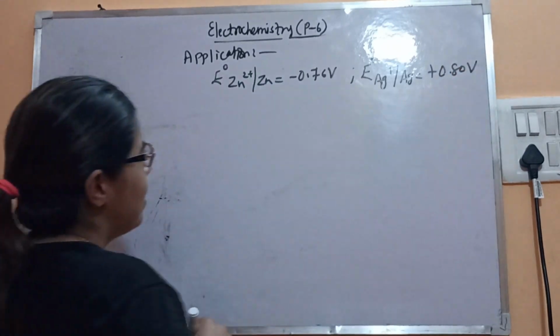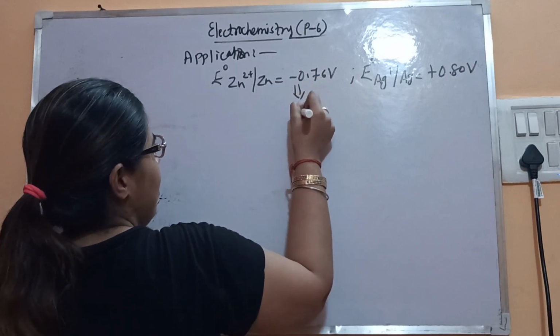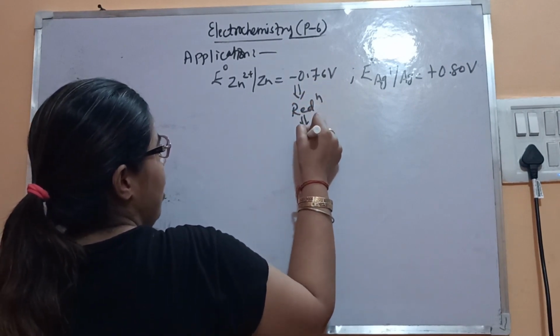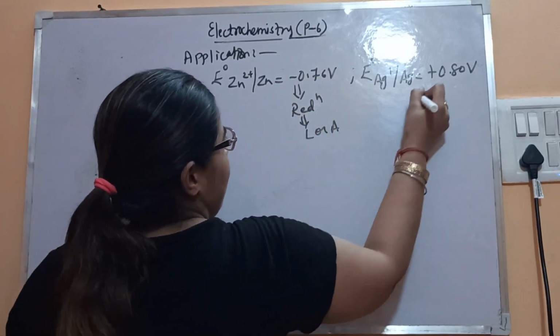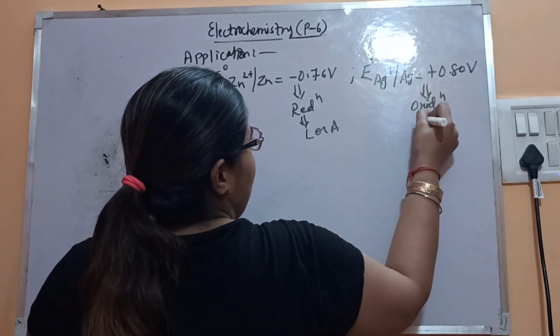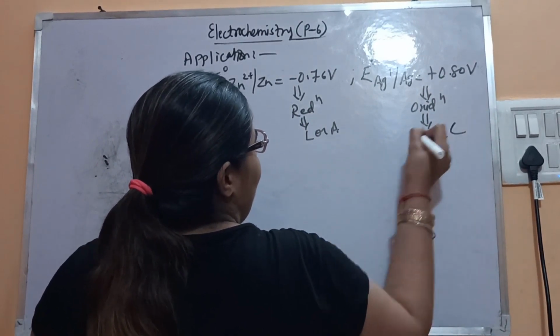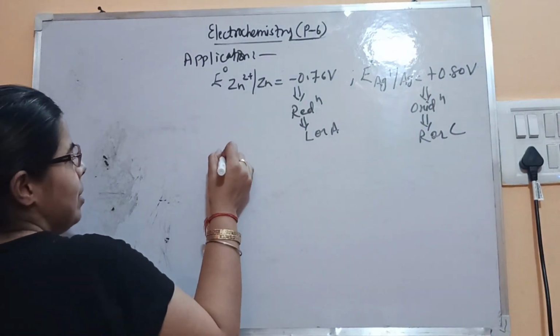So now the second case is coming: one is negative, one is positive. It's obvious the negative one will be oxidation, left side, or anode. This one, positive, means reduction, right side, or cathode.